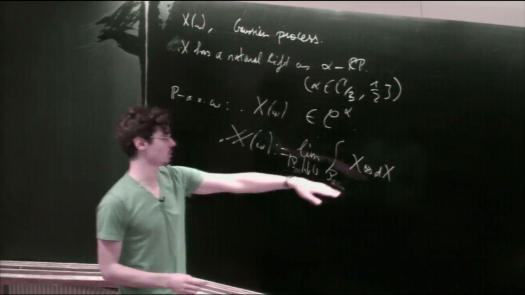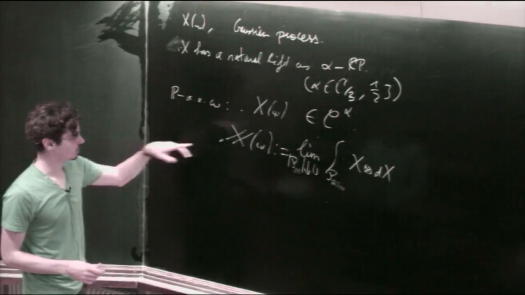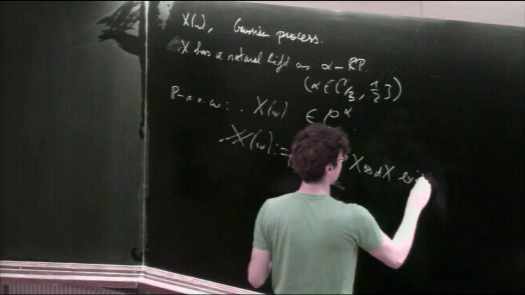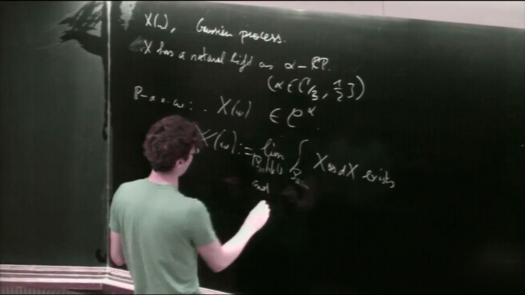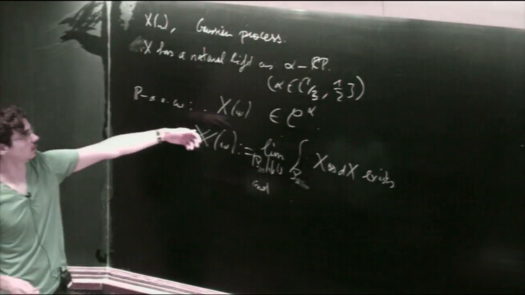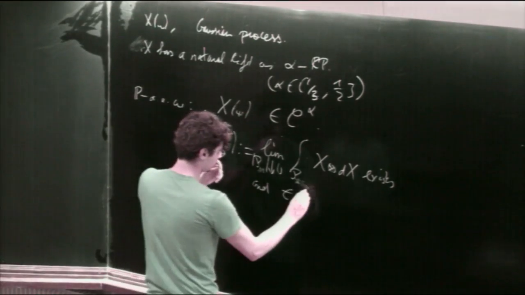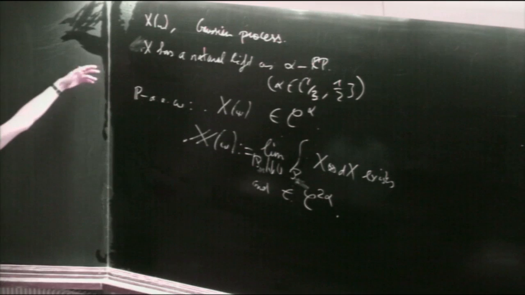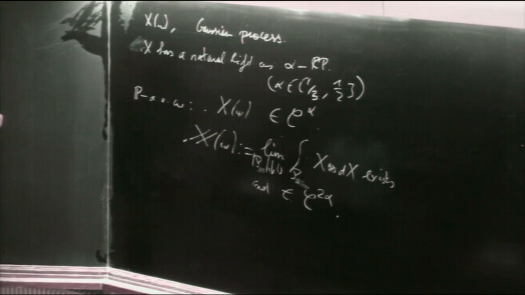So this is just Riemann sums. This thing exists almost surely, for every omega, and it satisfies the correct 2-alpha norms. This is what I mean by X having a natural lift as a rough path.